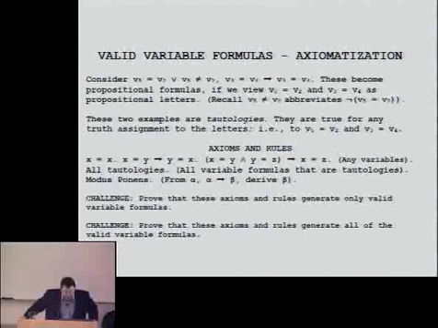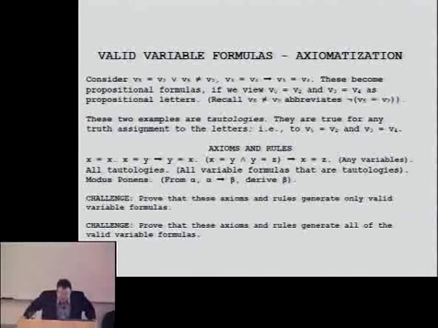Those are the axioms. Another bunch of axioms are called the tautologies. All variable formulas that are tautologies, for example, those ones up on the first line. Those are the axioms. And modus ponens says that from alpha and alpha implies beta, we can derive beta. And you're familiar with modus ponens from the first lecture.